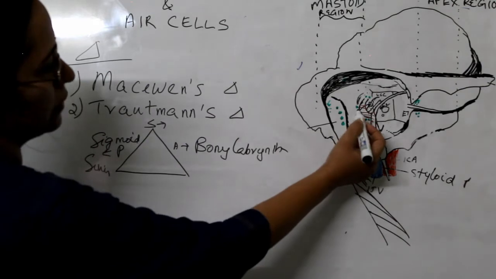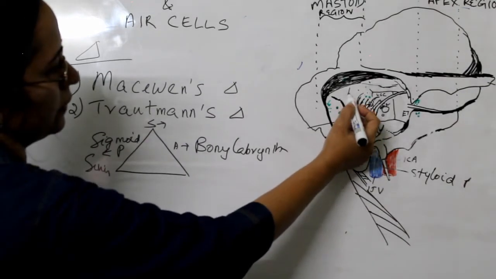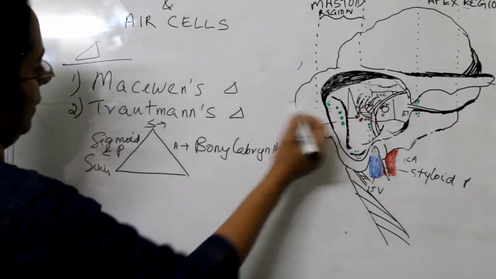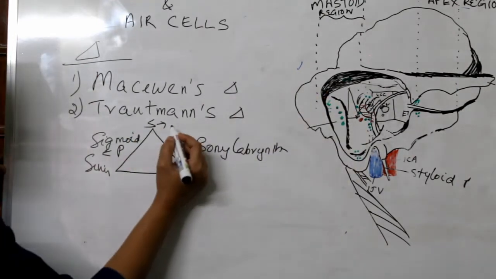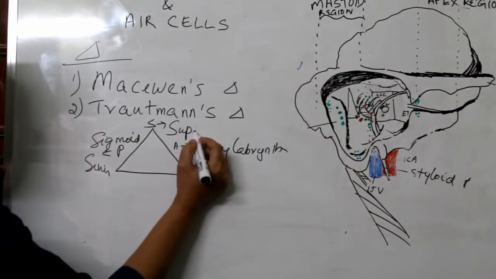It comes almost here. Here will be the Trotman's triangle.